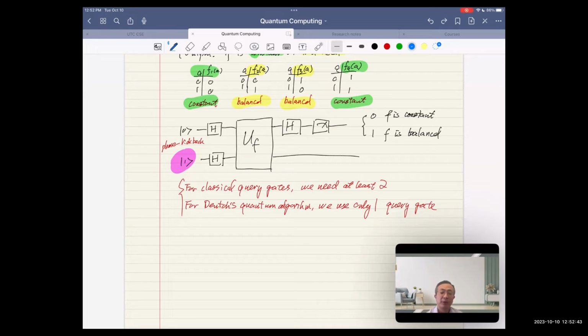It first checks the system status after the two Hadamard gates, then checks another status after this unitary function gate. And after that, it checks the third one. It does that step by step to show why this works.